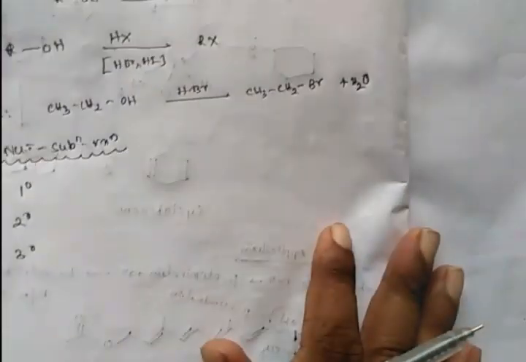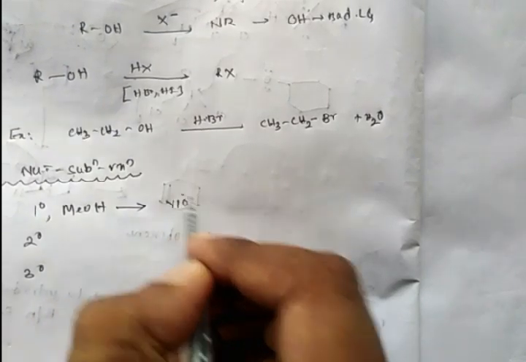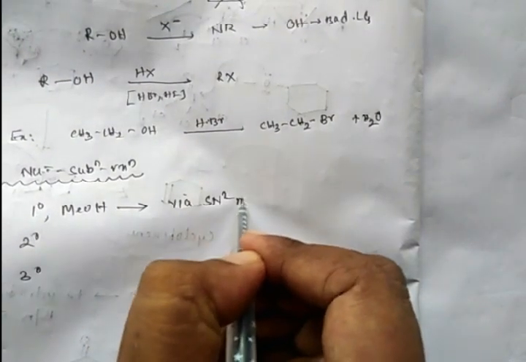The transformation of an alcohol into an alkyl halide follows a nucleophilic substitution reaction. Primary alcohols as well as methanol undergo nucleophilic substitution reaction via the SN2 mechanism.